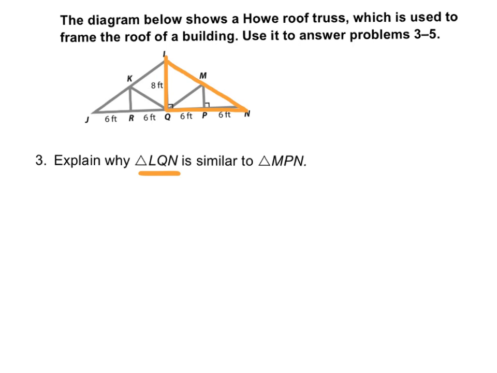Then I'm going to trace the second triangle, MPN. For this one, instead of using the angles, I'm going to use the sides. And sometimes it's hard to tell when 2 triangles are overlapping.